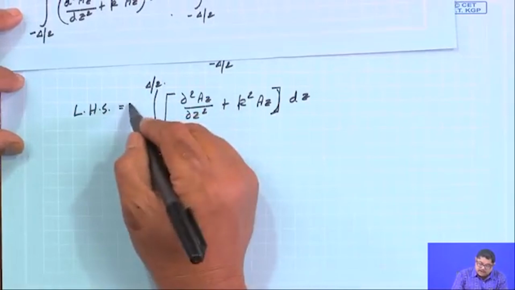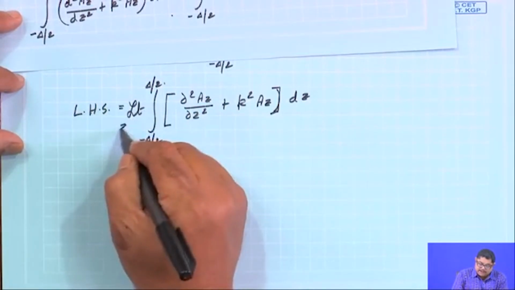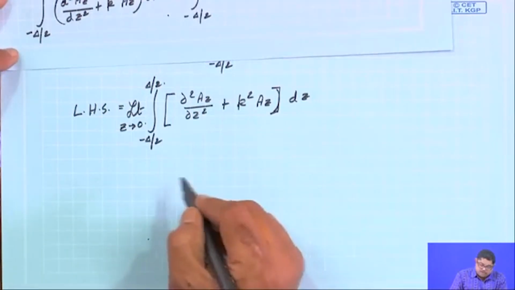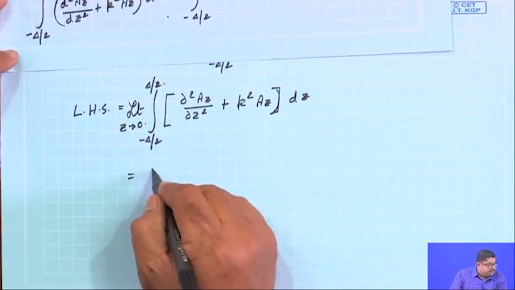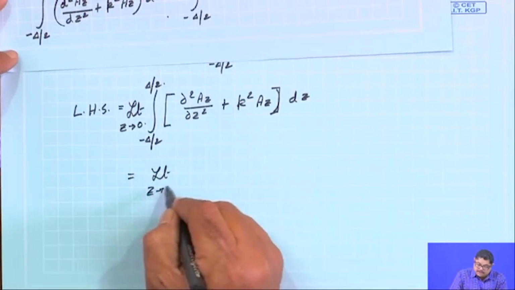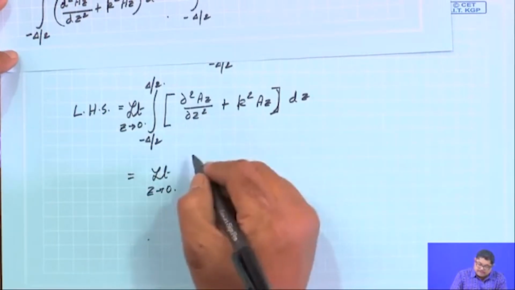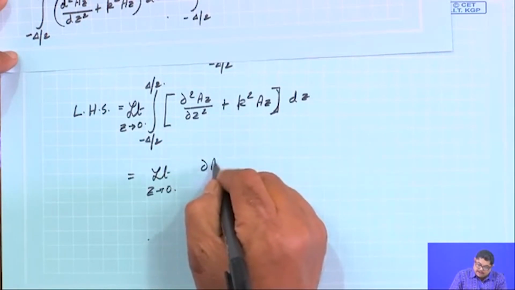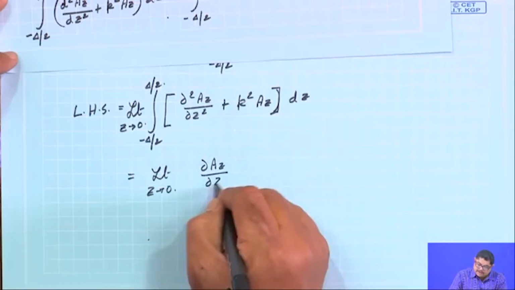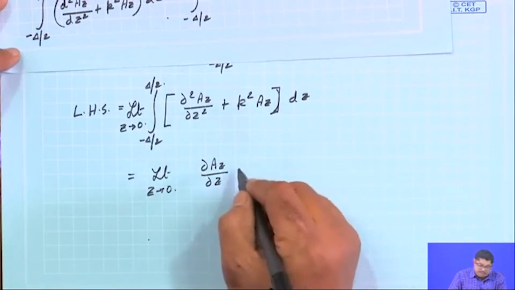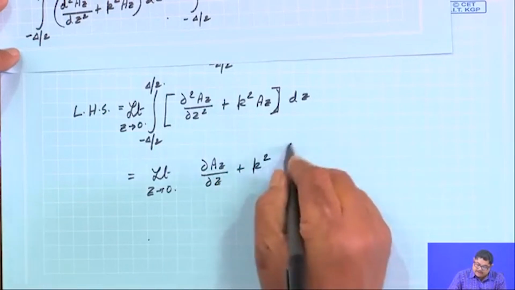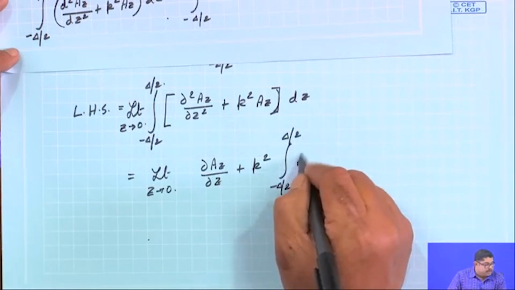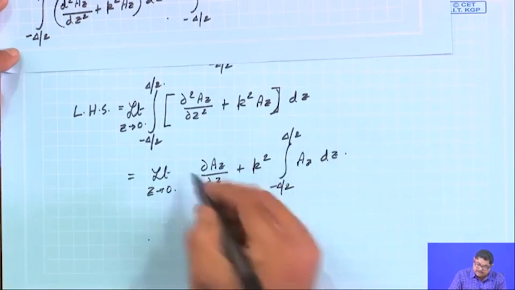Now, I should take that this is happening in the limit z tending to 0. So, the first one will be del Az by del z, one integration, plus k square times the integral from minus delta by 2 to delta by 2 of Az dz, whole limit.